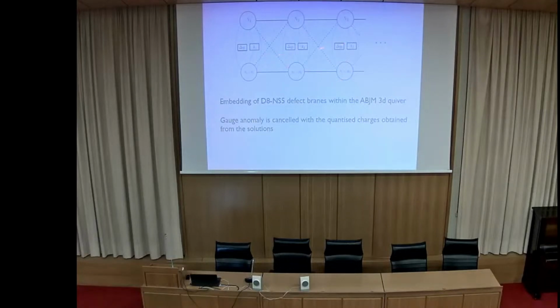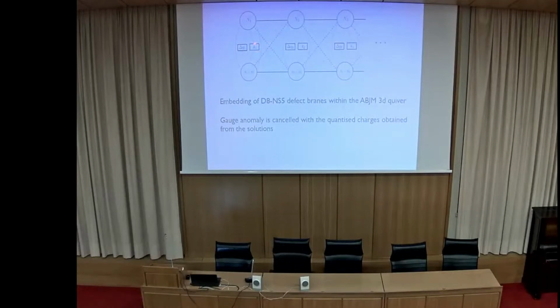So this was one of the examples I was showing in the introduction, in which you can see how you are inserting, in this case, NS5 branes. This is what makes it not just frozen in R. You have D7 branes, which are these new flavor groups that you have here in the otherwise quiver describing the ABJM theory.